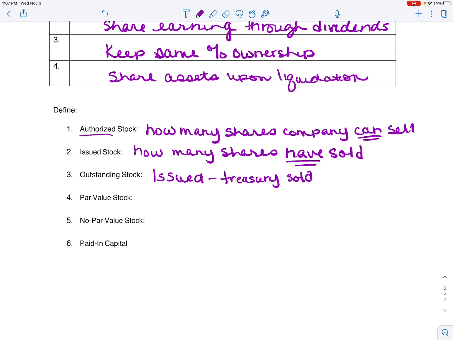We have par value stock, which means that the charter of the stock has assigned a value, compared to no par value, which just means it has not assigned a value.